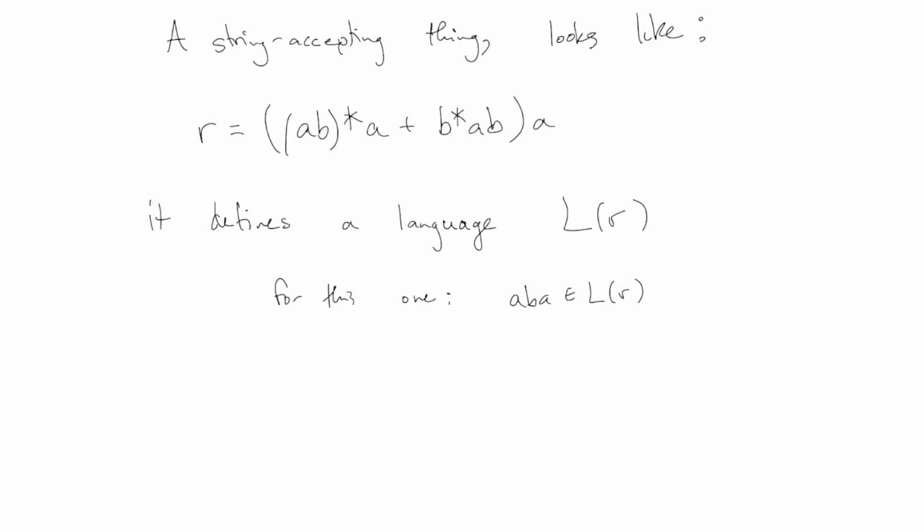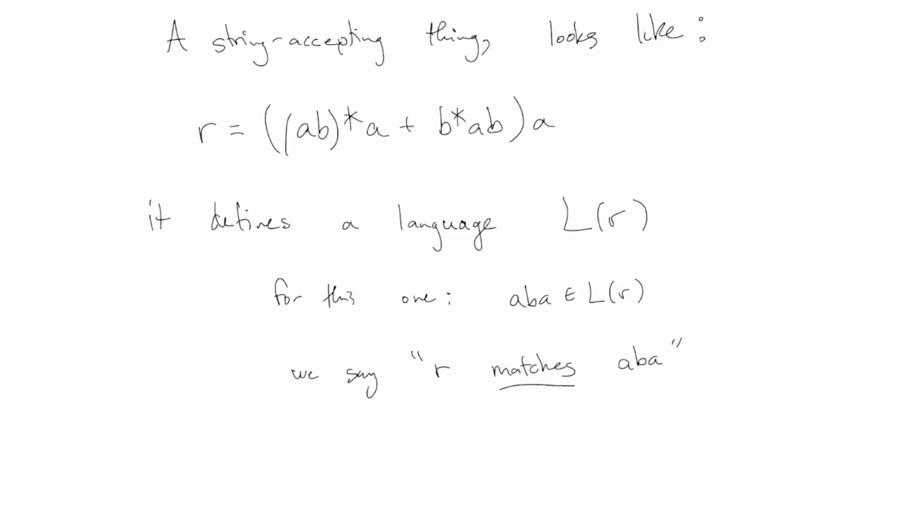And the kind of terminology that people use when they're using regular expressions in real life, we say that R matches ABA. In the terminology that we've used in the past, I would use the word accepts, like a machine accepts or does not accept a string.